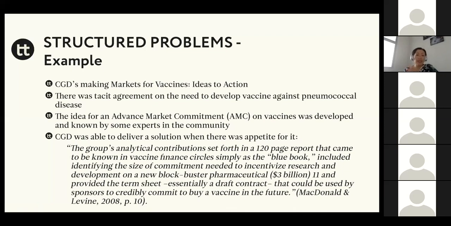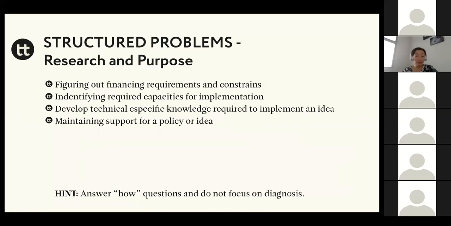So as you can see, this is one example of a structured problem. Like I said, this is a very popular type of problem that think tanks work with, because things are already kind of agreed on, and there is a sense of where we want to go. It's just trying to figure out how.